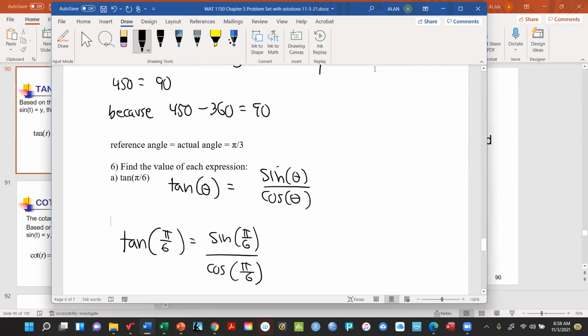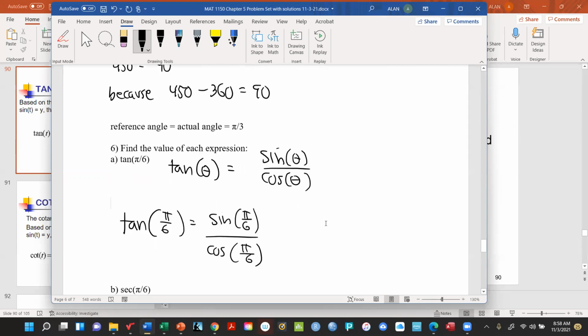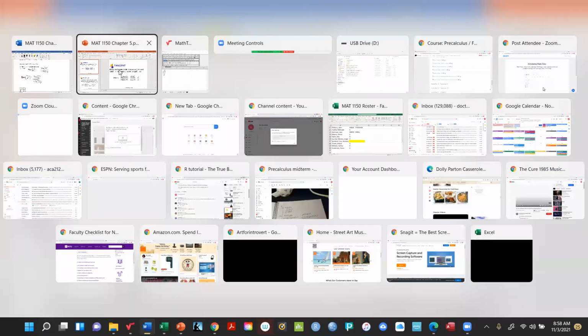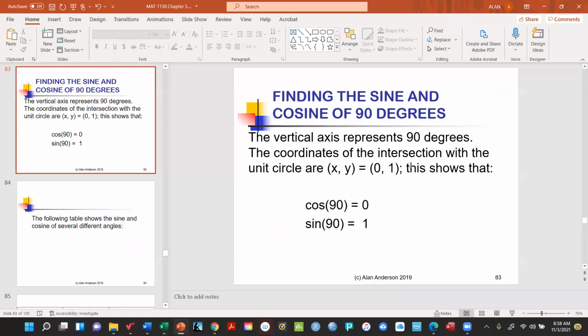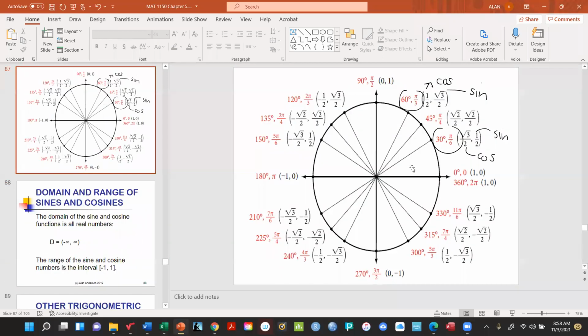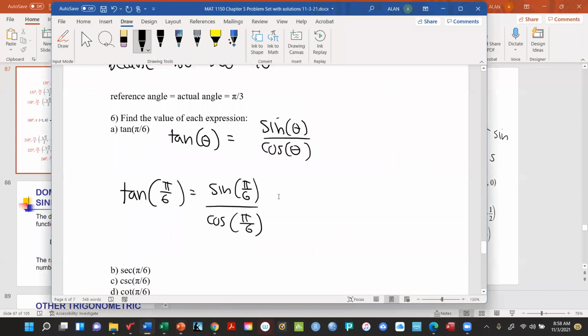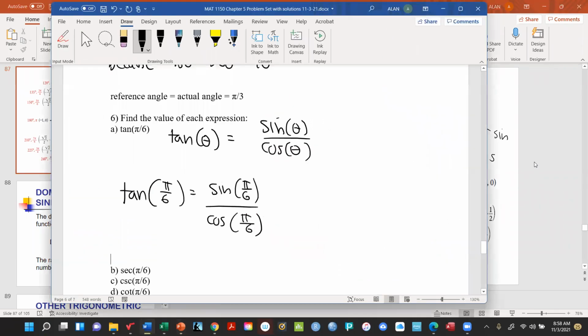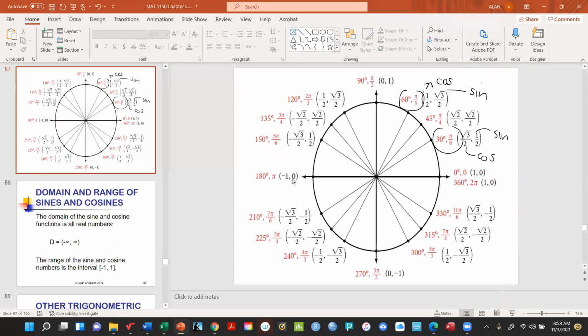The unit circle only shows sines and cosines because all the others are defined in terms of those two functions. We don't really need the others because we can figure them out ourselves. So if you go back to the unit circle, the sine of pi over 6, there we go. So we're looking at pi over 6 or 30 degrees. So according to this, the sine is a half and the cosine is radical 3 over 2.